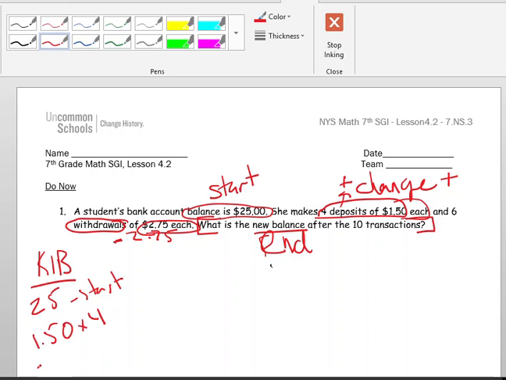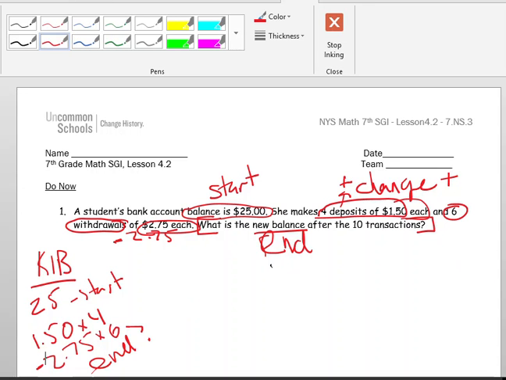And then I have negative 275 times 6 as part of the change. And then I need to find what is the new balance? Where's my end? Okay. So the first thing I'm going to do is go with the deposits.